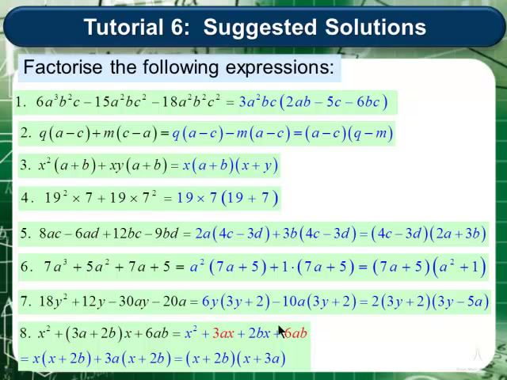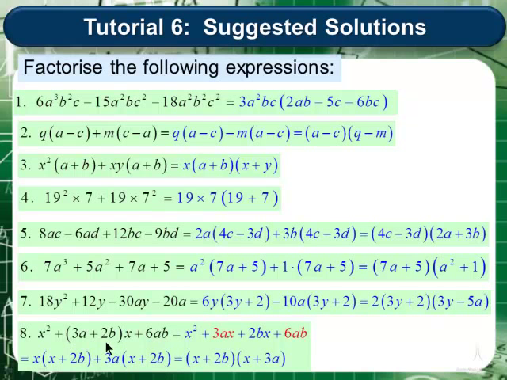In this instance, we group terms 1 and 3 together, and also terms 2 and 4, indicated in red on the screen. So from terms 1 and 3, the common factor will be x, and we remain with x plus 2b, whereas from terms 2 and 4, the greatest common factor will be 3a, and we're left also with a common factor, x plus 2b.